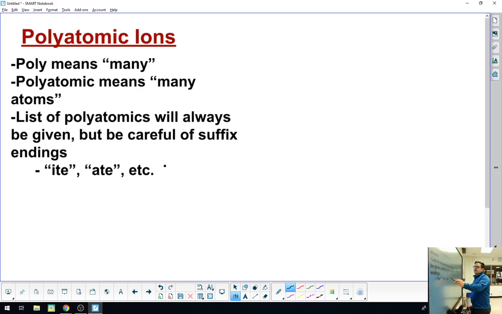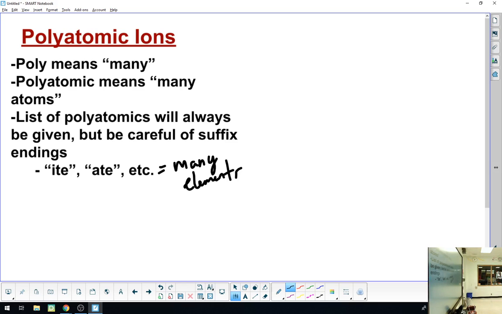ITE, ATE, and some other endings mean you're going to have many elements involved. So what's that do for you? That means you pull up the polyatomic list and use that as reference. You don't need to memorize any of those polyatomics. You're welcome to, but that list will always be given to you.